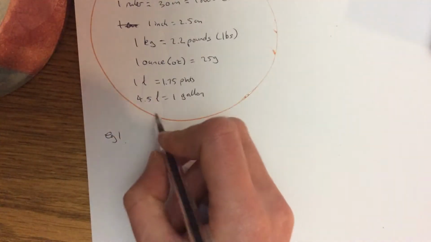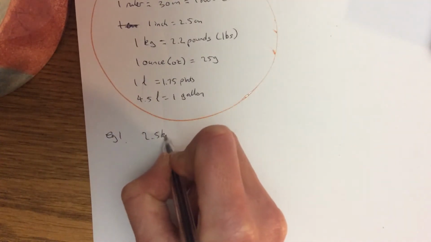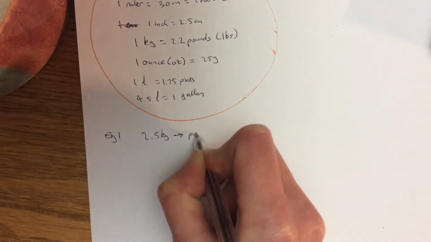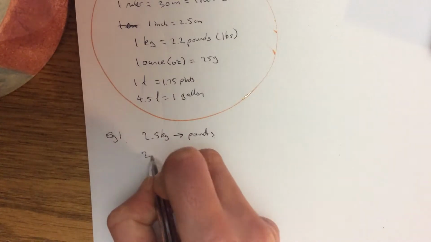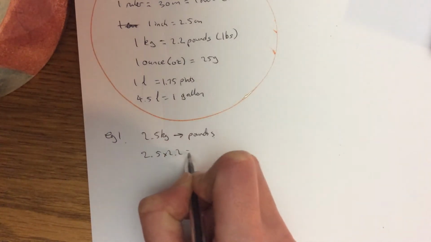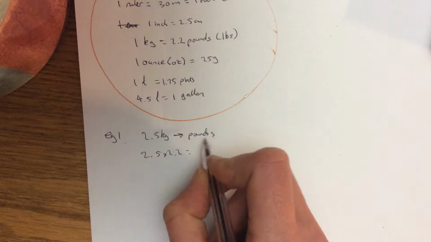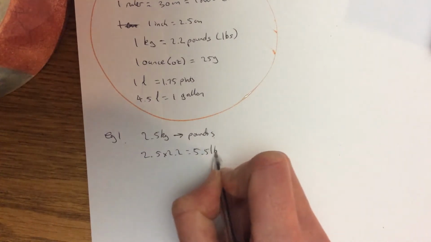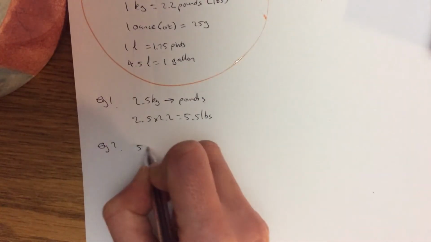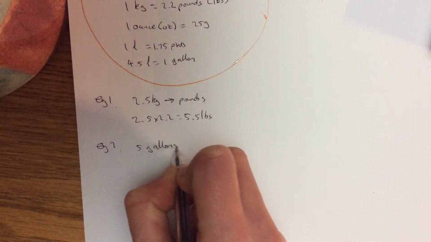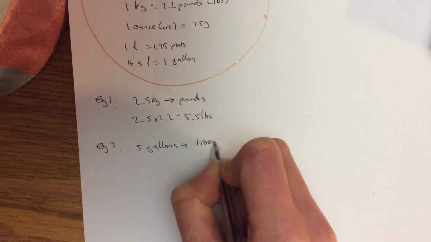Example 1. Put 2.5 kilos into pounds. So if you look up there, 1 kilo is 2.2 pounds, so 2.5 kilos is 2.5 times 2.2, 5.5 pounds. Second example, 5 gallons into litres.